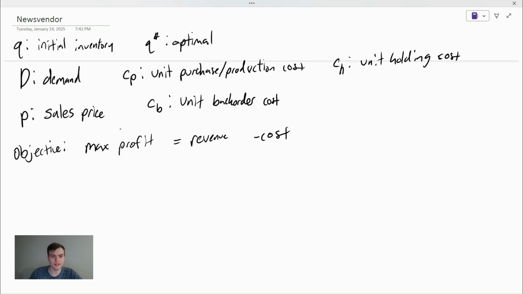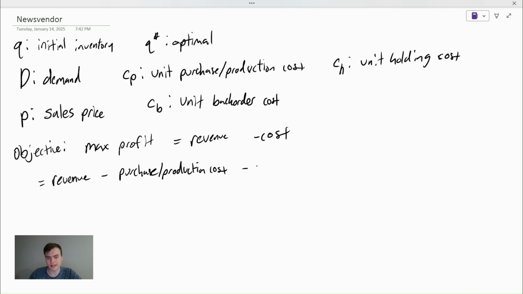So profit equals revenue minus purchase/production cost minus the holding cost minus the back order cost, right? And so let's call this a function for profit, pi of d comma q.